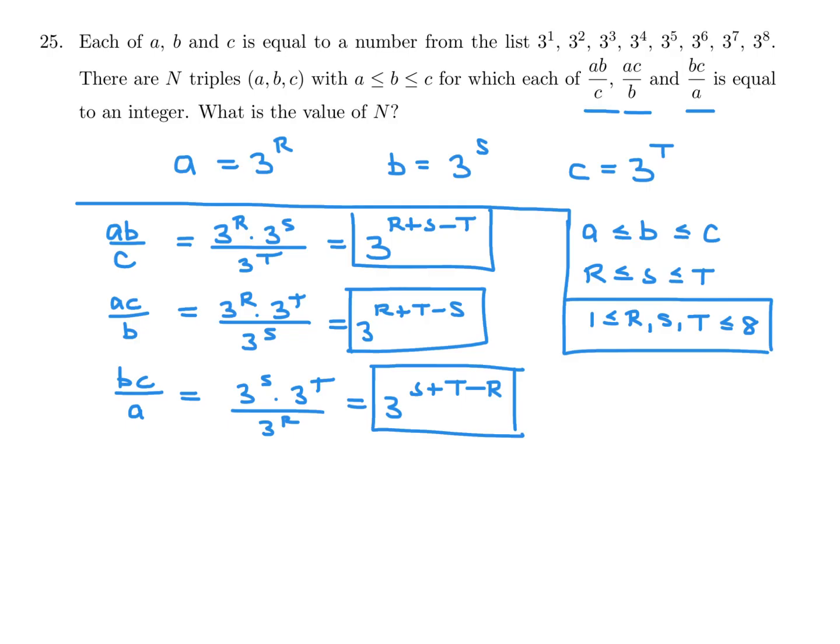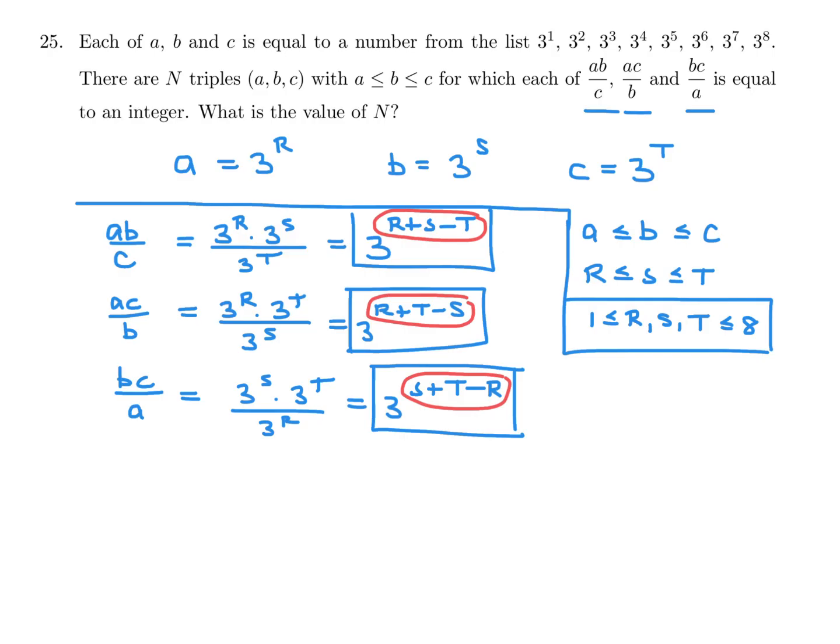And if it's a negative number, then it becomes 3 to the power of some negative number, which makes it a fraction. And if it's a fraction, then it's not an integer. So we got to make sure that these exponents are greater than or equal to 0. If it's 0, it's okay, because 3 to the power of 0 is 1. That's an integer. But if it's less than 0, it's a problem.